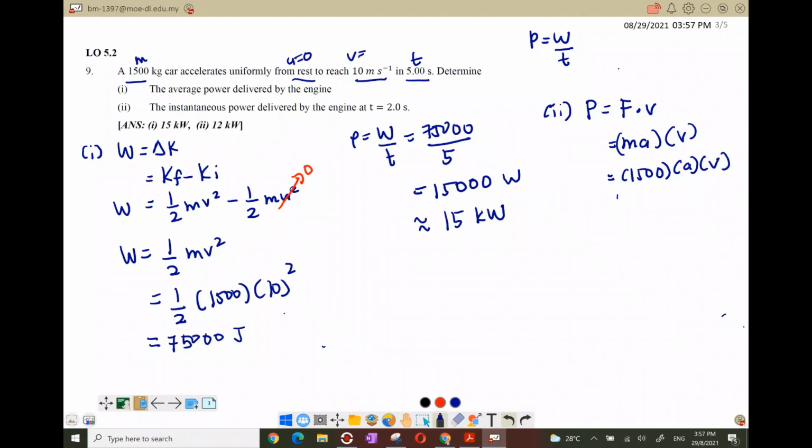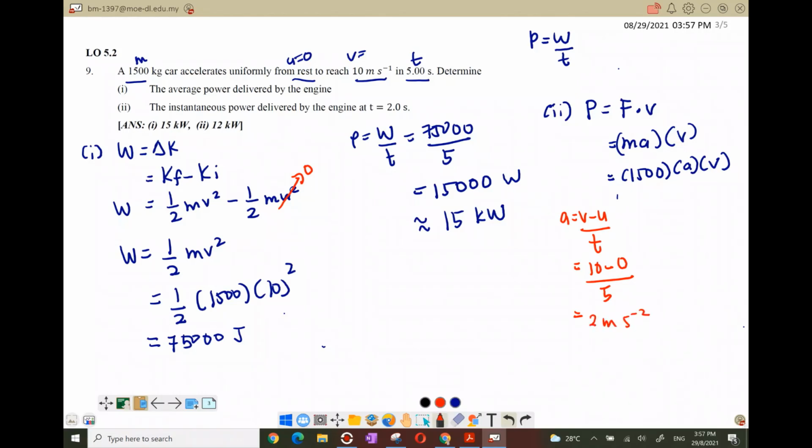So we have two unknown quantities to find out. Firstly, we find a by using a equals to v minus u over t. Final velocity is 10, initial is 0, t is 5 seconds. We get the acceleration 2 meter per second square.